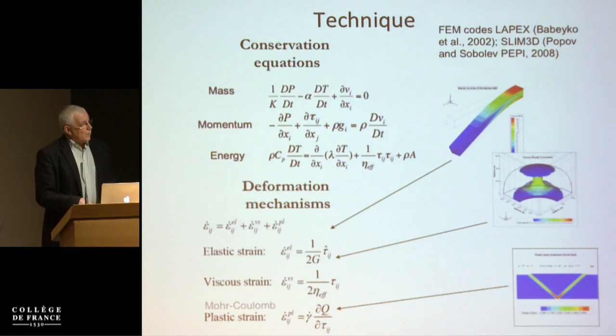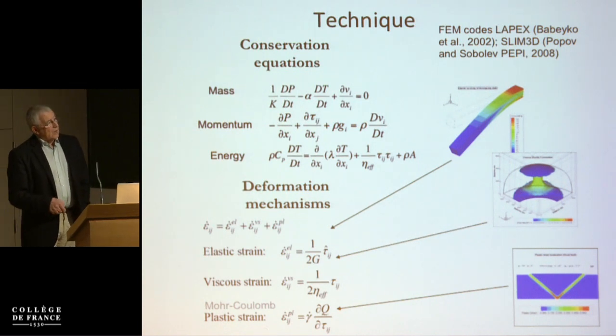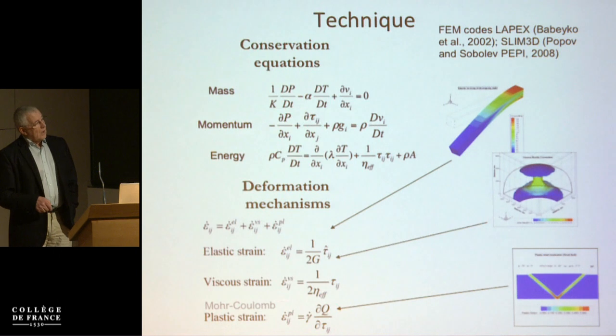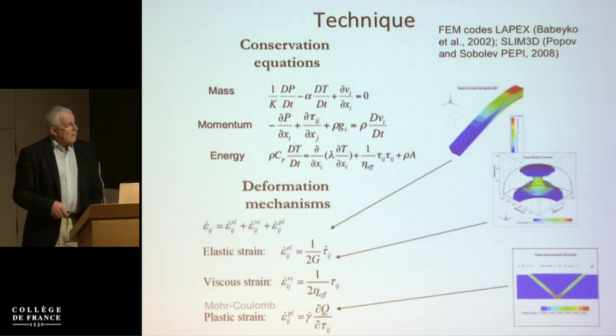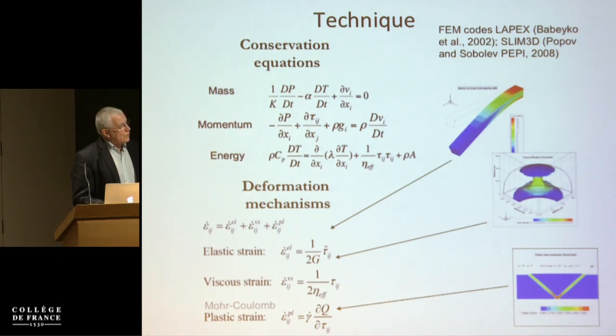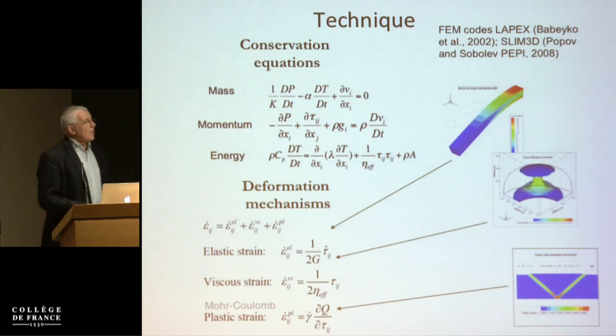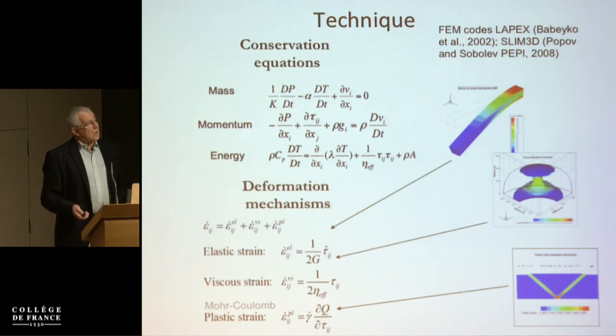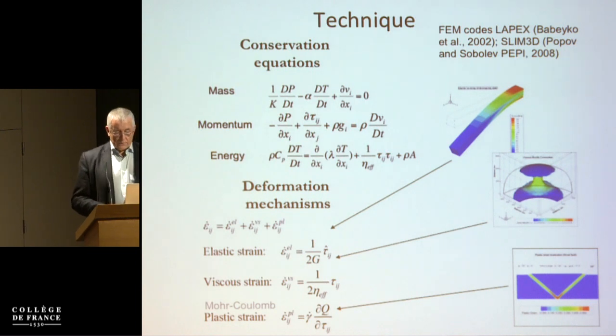And we are also using non-associative plastic strain formulation, usually with Mohr-Coulomb friction, sometimes with Drucker-Prager formulations.